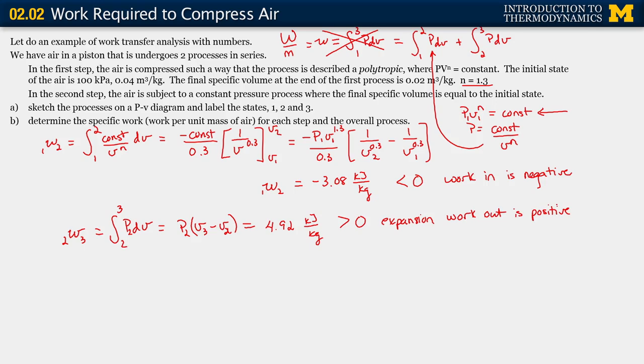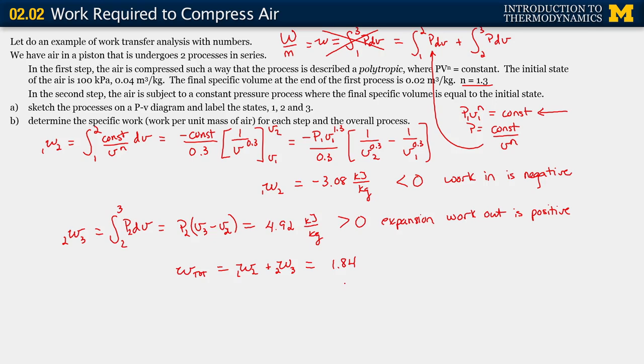Now we're asked to find the total work for both steps. So all we do is add these two together: 4.92 plus the minus 3.08. And what we find is that the net work for these two processes in sequence is positive.